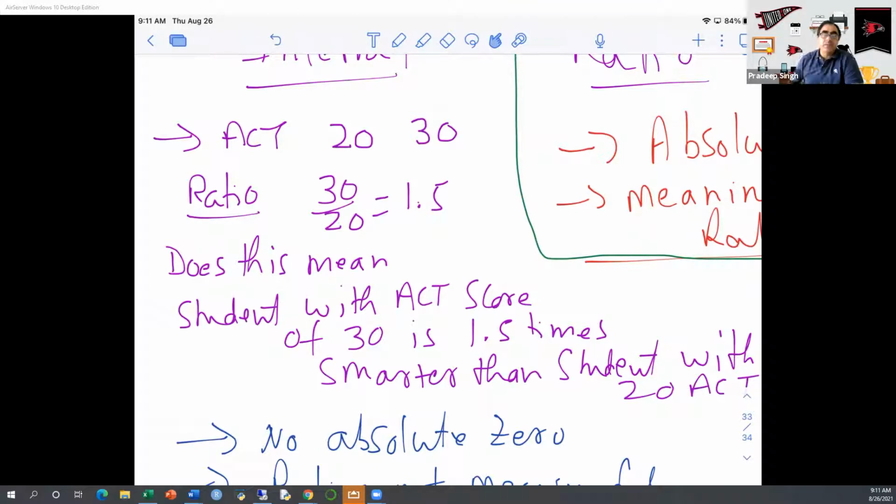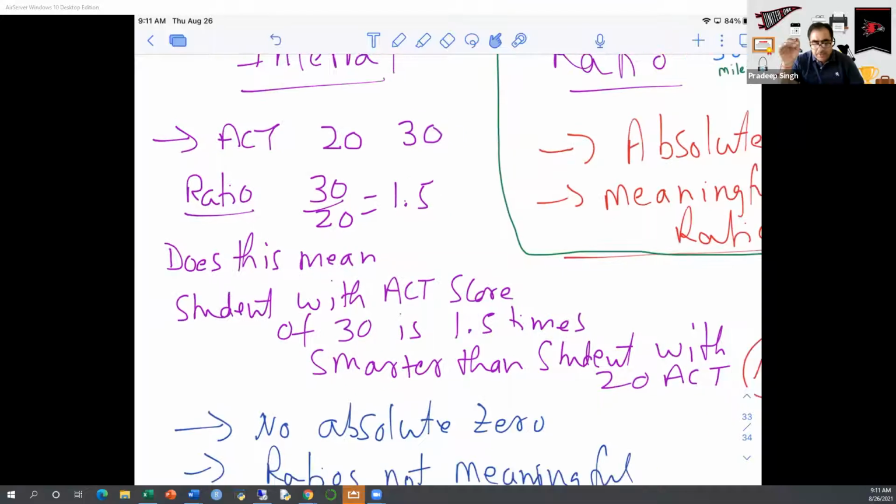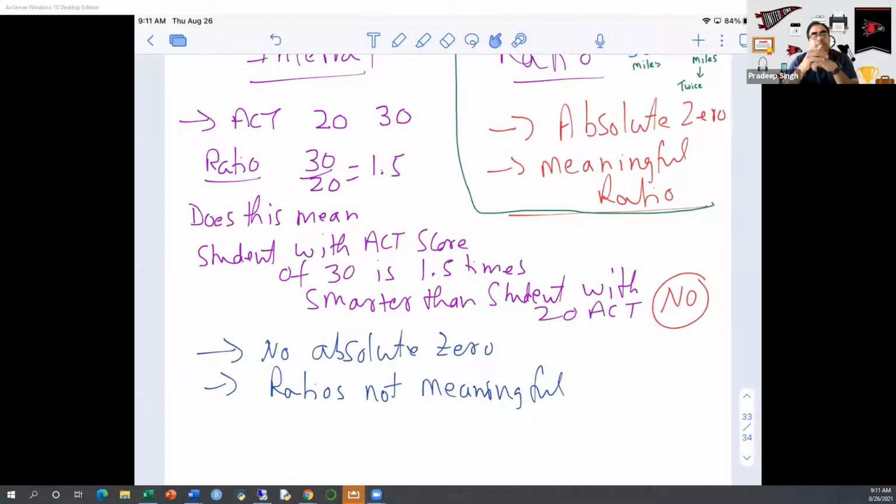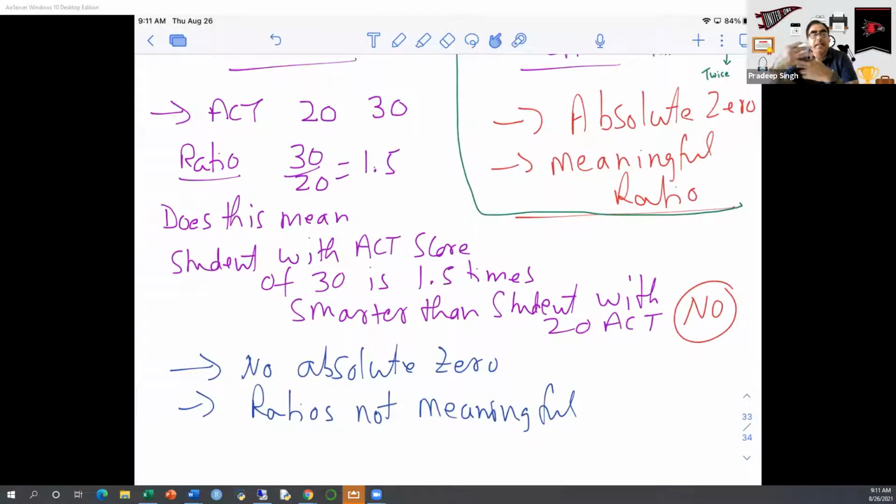You can always calculate the ratio, which is 1.5, so that's fine. But it has to have some context to it. So the answer is no, you cannot make a claim that a student with a 30 ACT score is 1.5 times smarter than a student with an ACT score of 20.